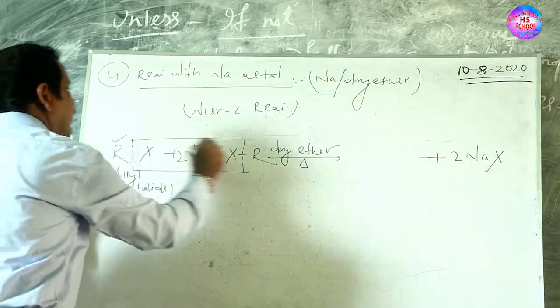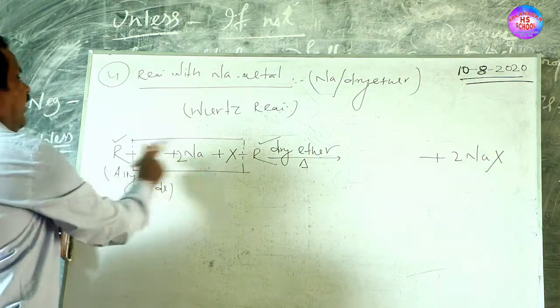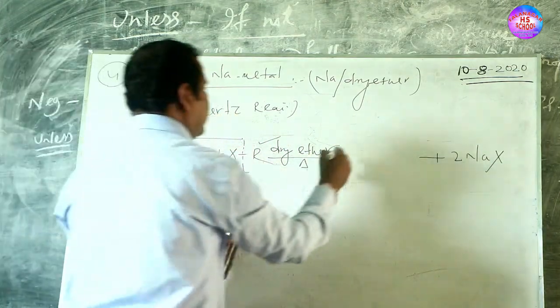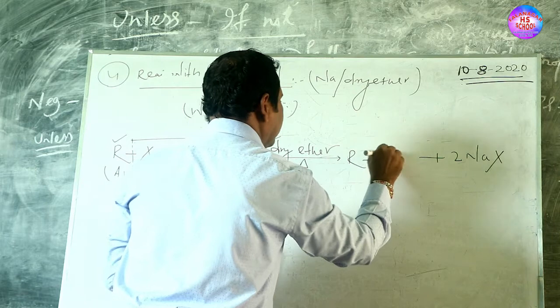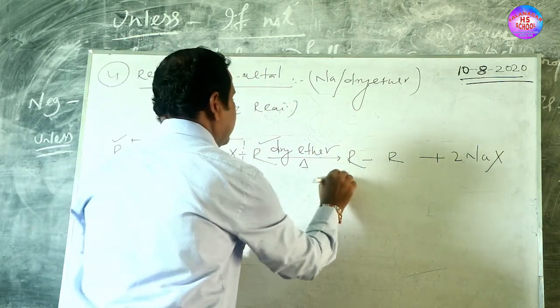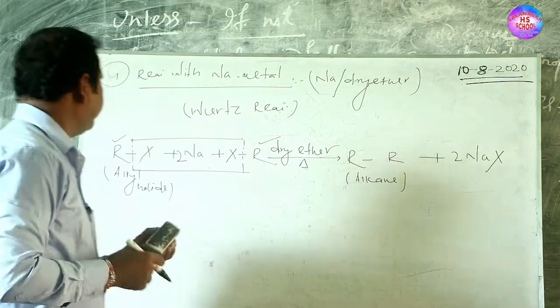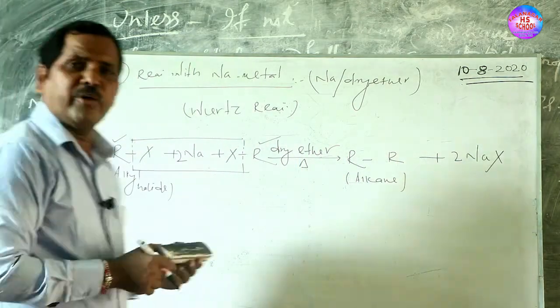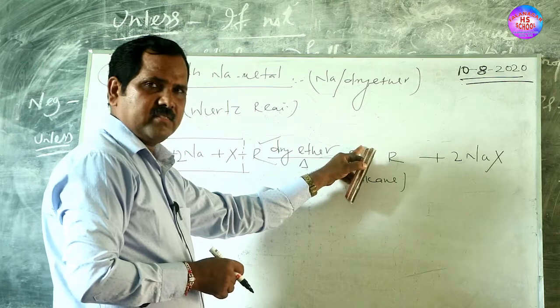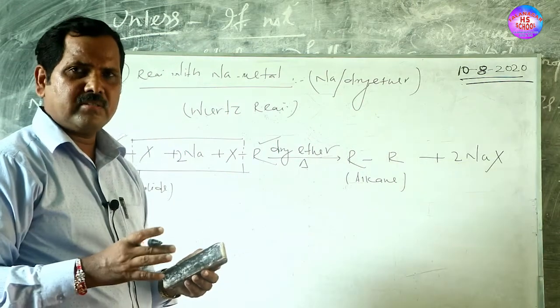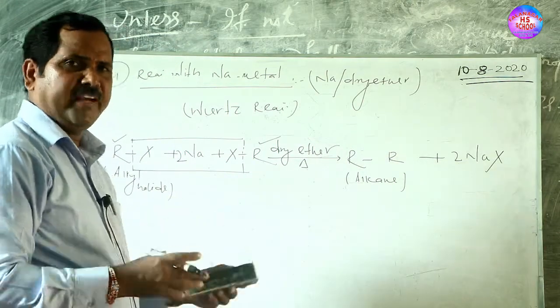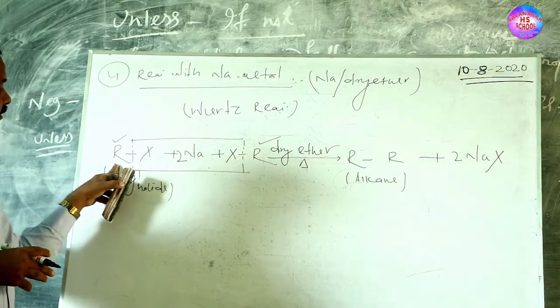This R and R will be bonded together, R single bond R, called alkane. The alkane formed contains more carbon atoms than the parent alkyl halide.